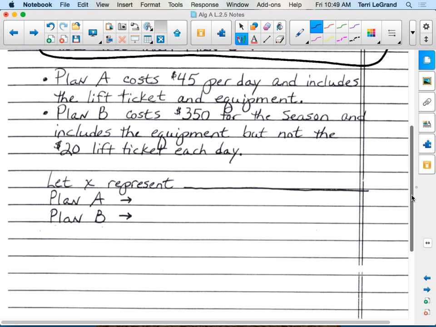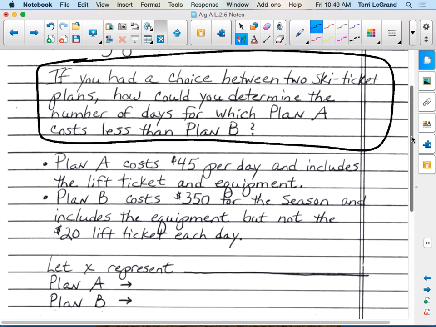So in this problem, we have to decide what X is going to represent. So kind of like, what's the thing that can change? What's the unknown? So anybody know what we would call the unknown in this? What could X be?